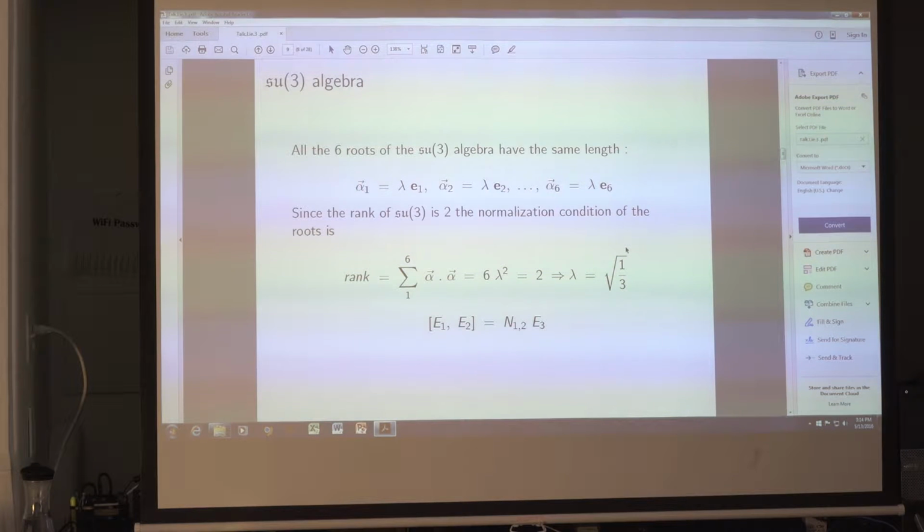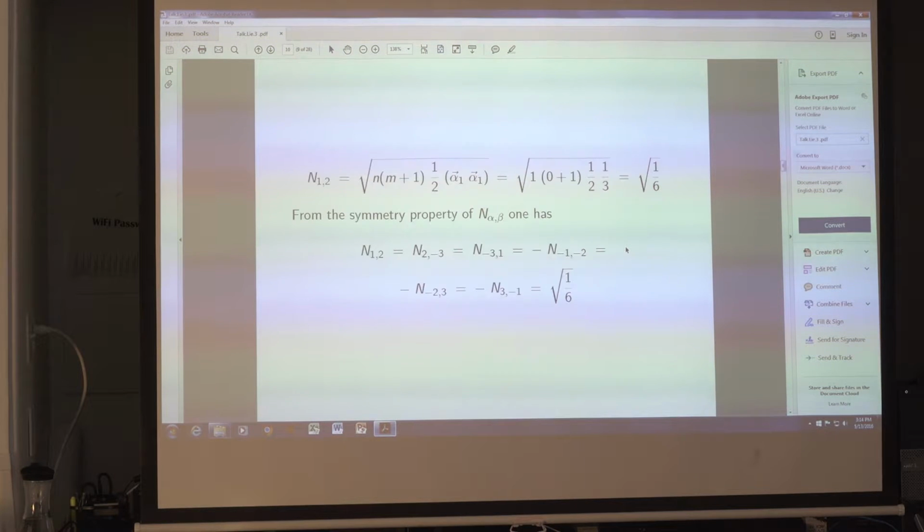It's just a symbolic notation to let you know that when you combine the commutator of E1 with E2, you get E3 because 1 plus 2 is equal to 3. I mean, this is the notation the book uses, but what I mean is the vector sum of root number 1 plus root number 2 gives you root number 3. Okay? It's just a condensed notation.